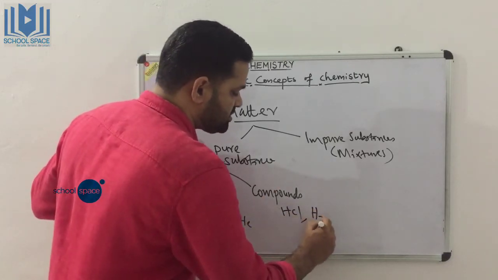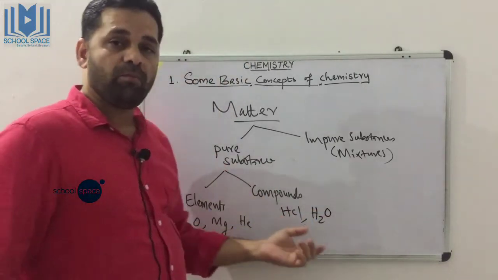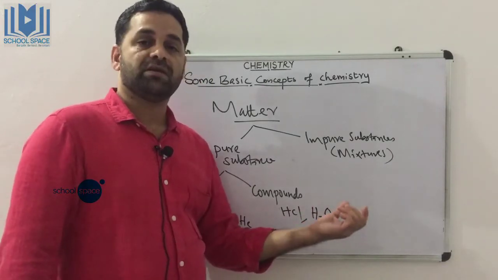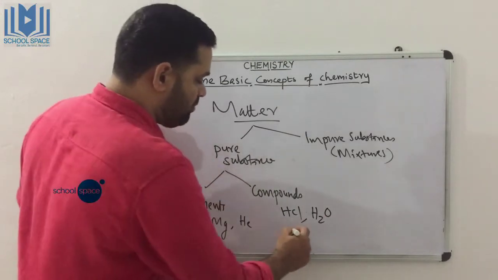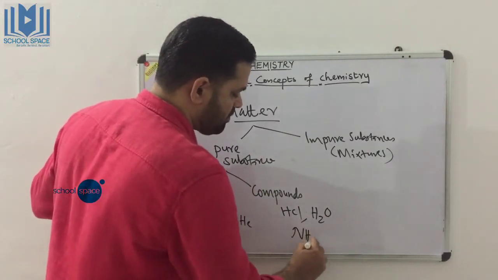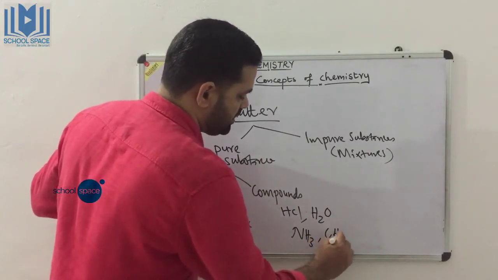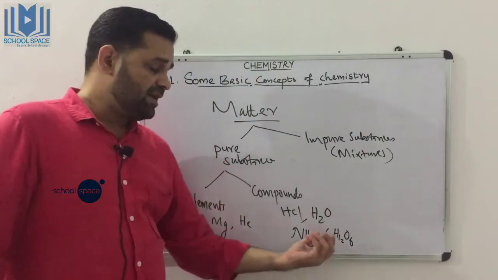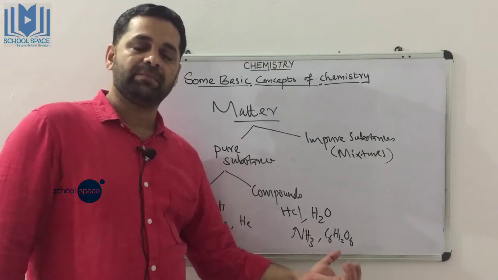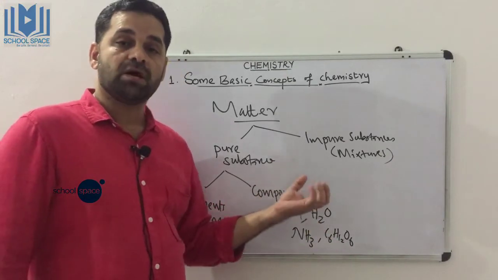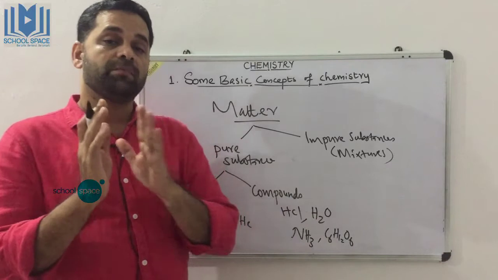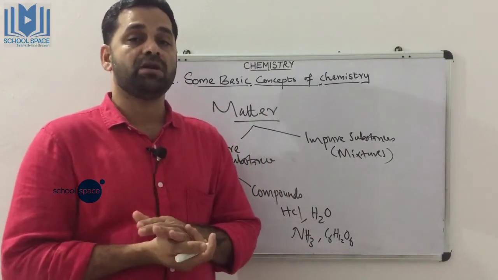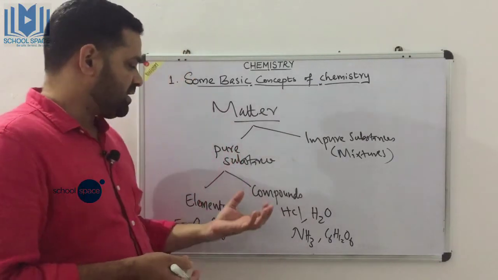Then water, that is H2O, is a compound because it is formed by the combination of hydrogen and oxygen in a fixed ratio. Then ammonia is a compound. Then C6H12O6, glucose, is a compound. So there is a definite proportion between the combining elements in a compound. That is known as compounds.